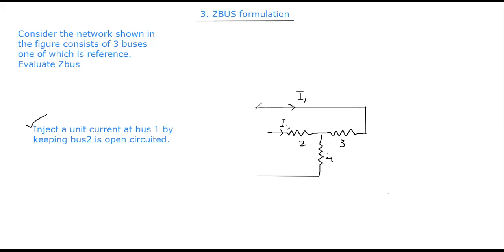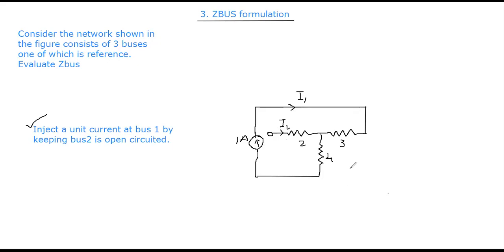That's why we are taking very large time. So this is a unit current. This is a current source equal to 1 ampere. We are keeping the second port open. Now this is your diagram.